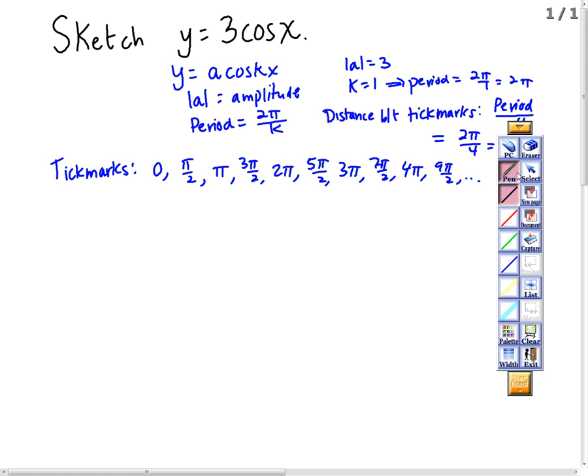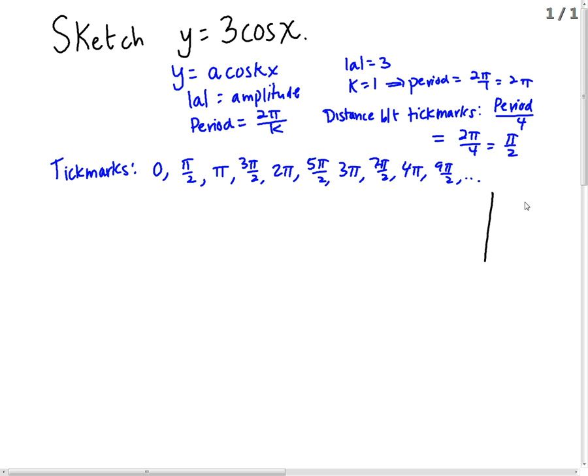I want you to think back to your unit circle. Notice we did not change the period any. Okay, so we're looking at 0, pi over 2, pi, 3 pi over 2, this is also 2 pi, 5 pi over 2, 3 pi, 7 pi over 2, 4 pi, and so on.